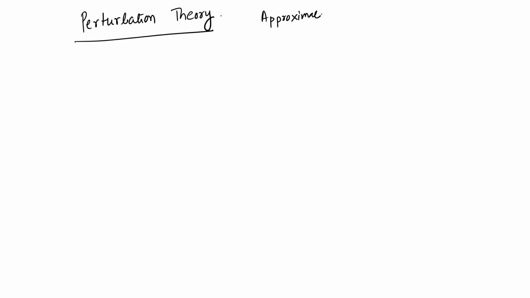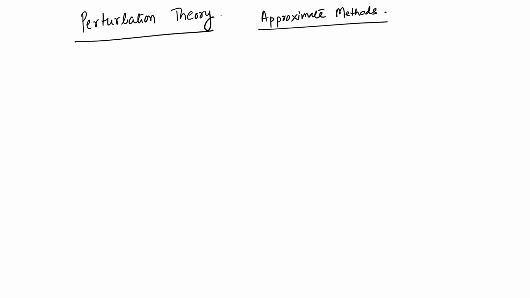So, let us go on to a new topic, which is known as perturbation theory. In general, they form a class of solutions known as approximate methods. As the name suggests, this is not an exact solution, but a solution which is approximately done.